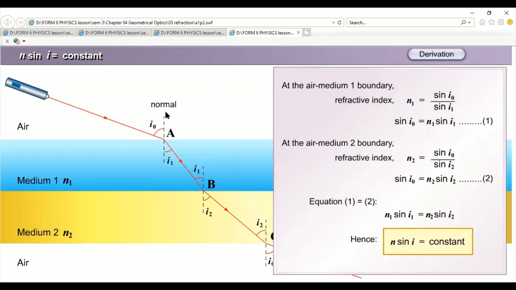That means, for these two media, n1 sin i1 equals n2 sin i2. Okay, and next.